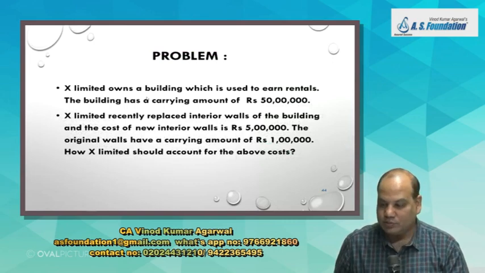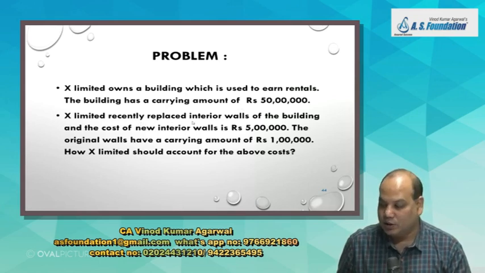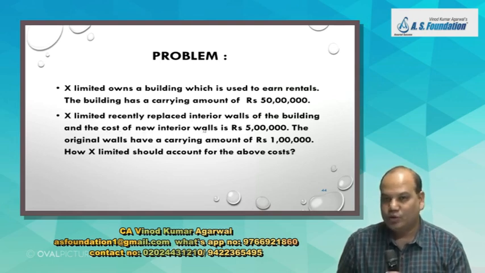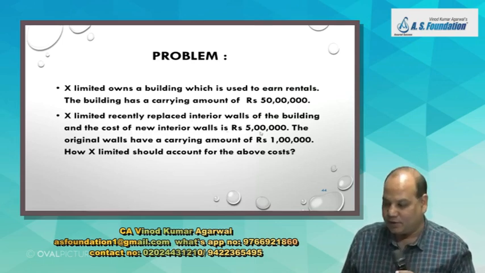Come to the next question. X Limited owns a building which is used to generate rental income. The building has a carrying amount of rupees 50 lakh. X Limited recently replaced the interior wall of the building and the cost of the new interior wall is 5 lakh.